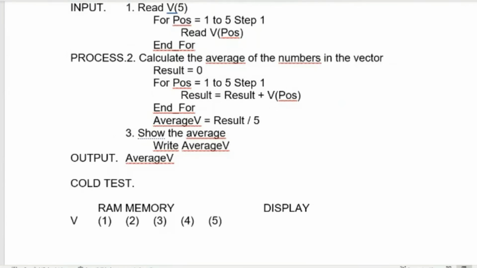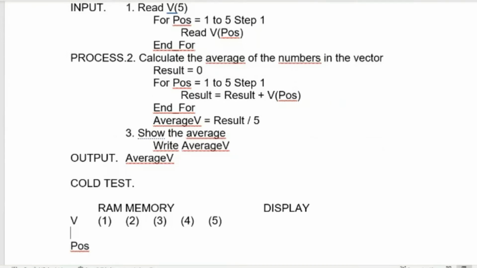Okay? And we need also a variable we name pos. So, step number 1. Step number 1, read the vector in the 5 positions.